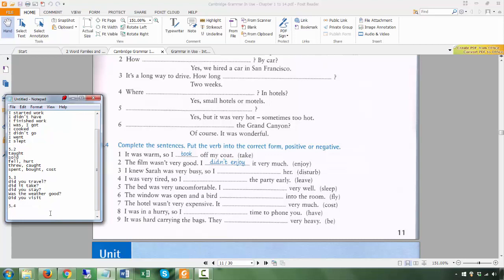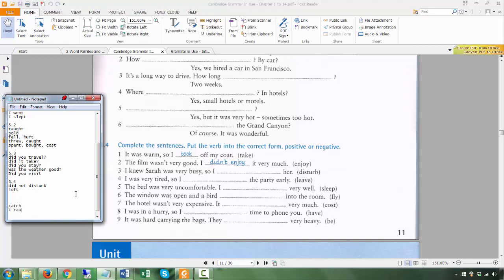I knew Sarah, but number 3, I knew Sarah was very busy. So it's a negative. Did not or didn't disturb her. I was very tired, so I left the party early. You realize that if you have a word that's irregular, say for example, the word catch, okay, is irregular.